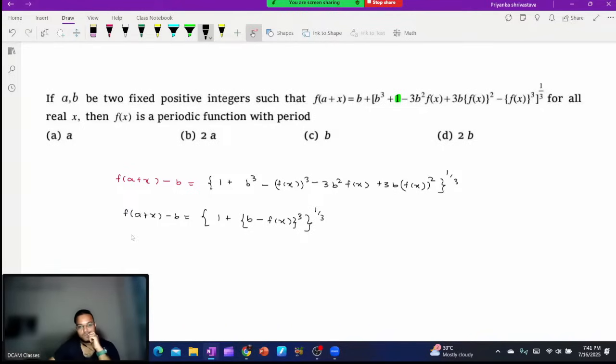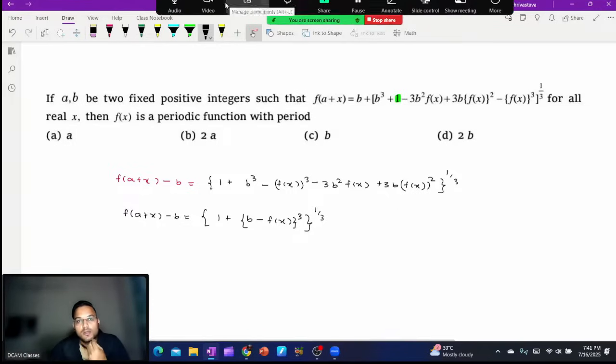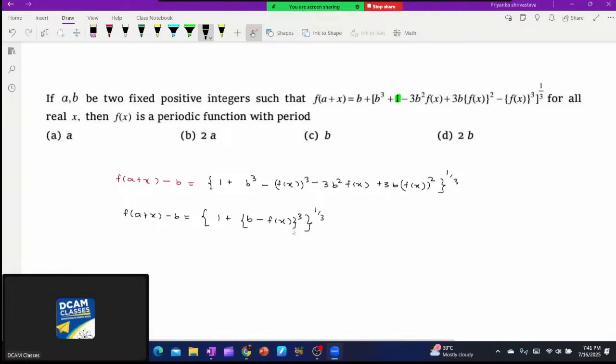Now what to do? Now if we take f of ax plus b is there.